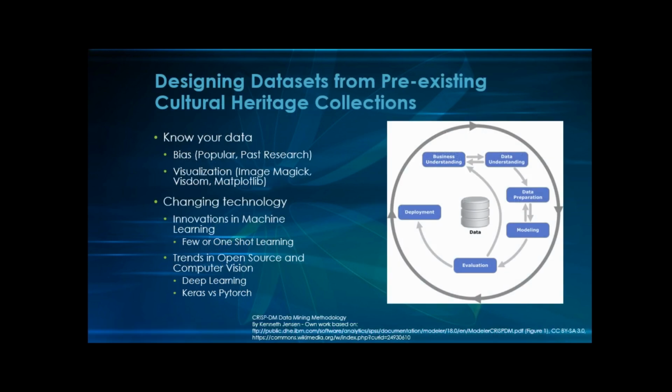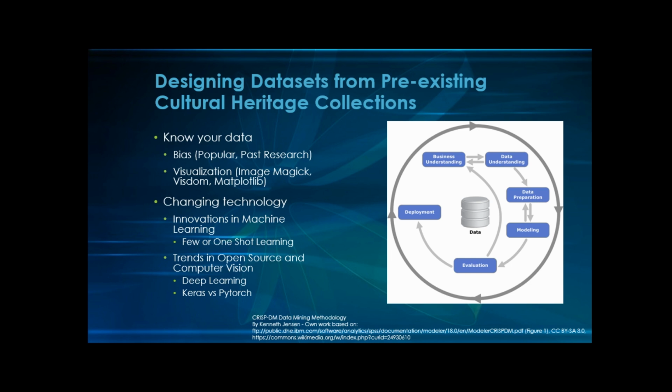Other than that, just to give some suggestions, what I found was that the CRISP-DM data model really matched the way that I approached my data. Even though it was put in place and mostly used for business purposes, I did find that it is still a very good data model if you're new to machine learning and trying to develop your own data set.